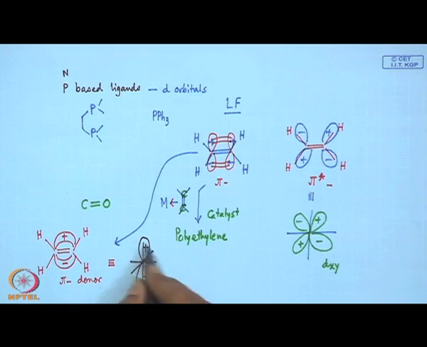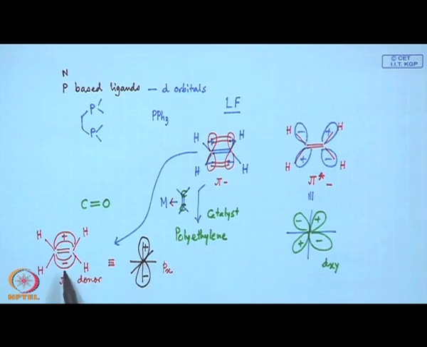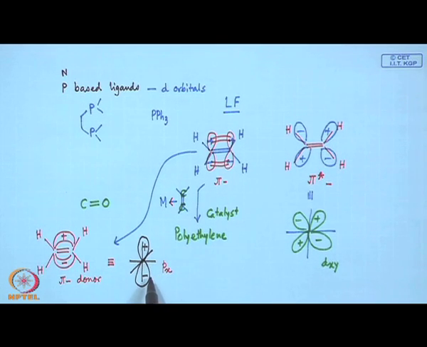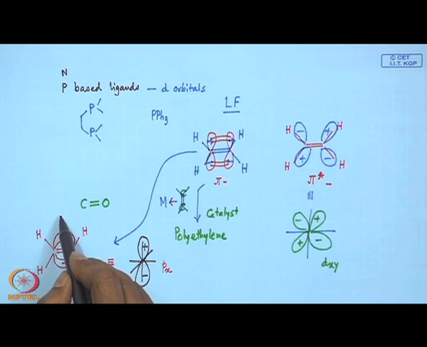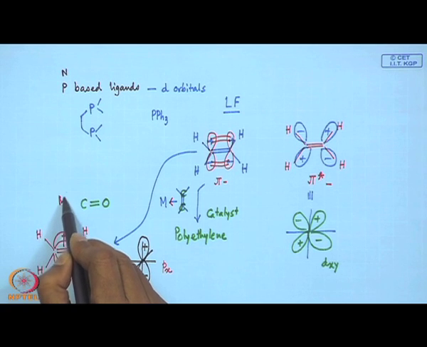As we all know, if the p orbital is in the x direction or y direction, it has the corresponding matching symmetry. Like our oxygen or nitrogen, the filled electron density from the p x orbital is being donated to the metal center. Similarly, this ethylene can donate the electron density to the metal orbital.